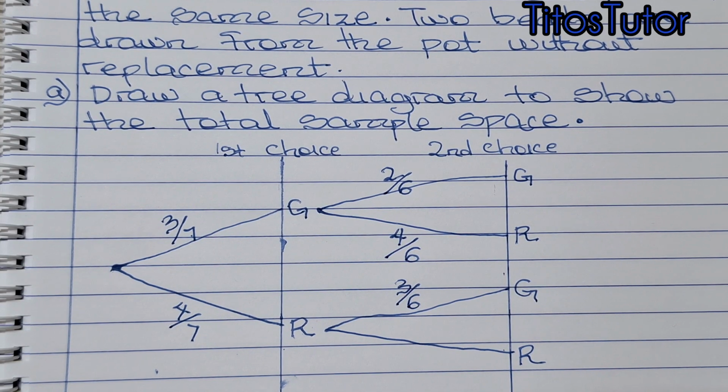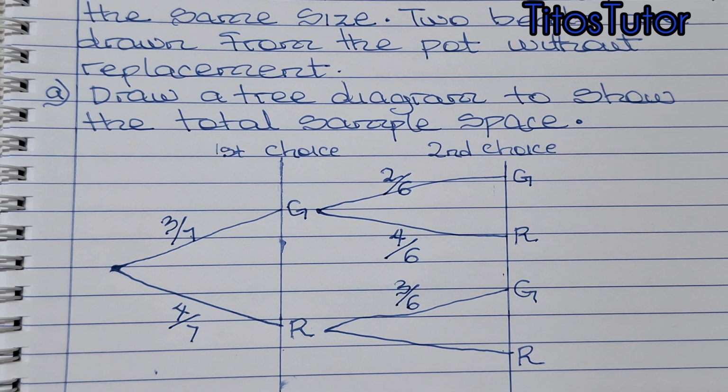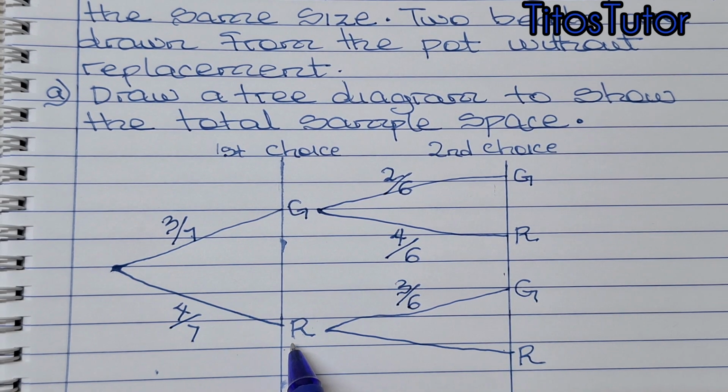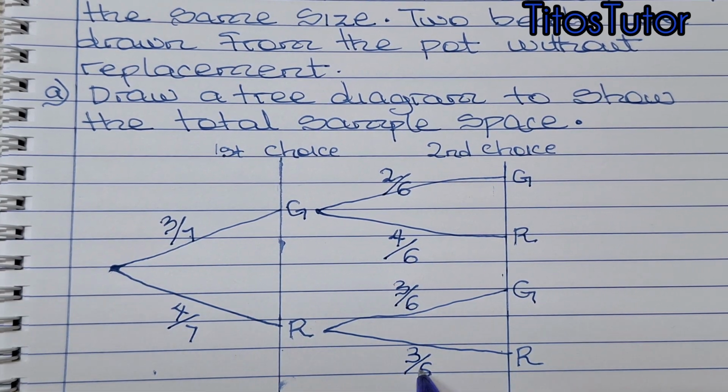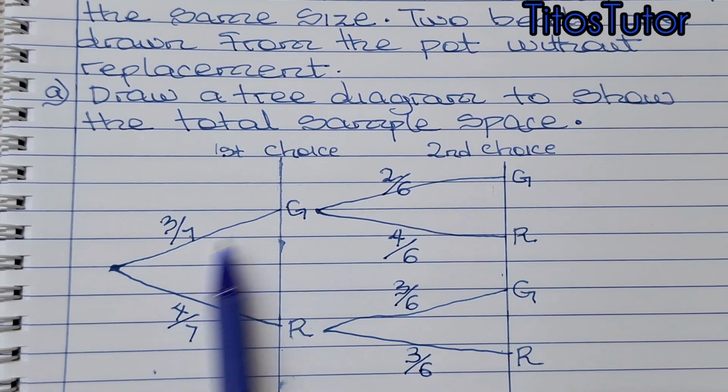Okay, so look at this one. If I decide that it is a red I want to pick again, I've picked red the first time, so my red from 4 will turn to 3 and my sample space will be 6. So now let's trace this probability of picking 2.